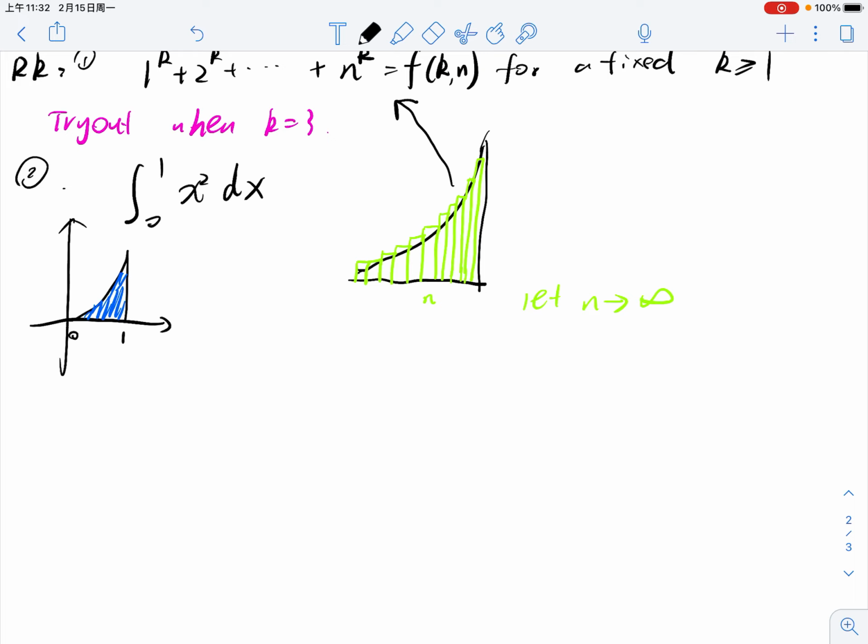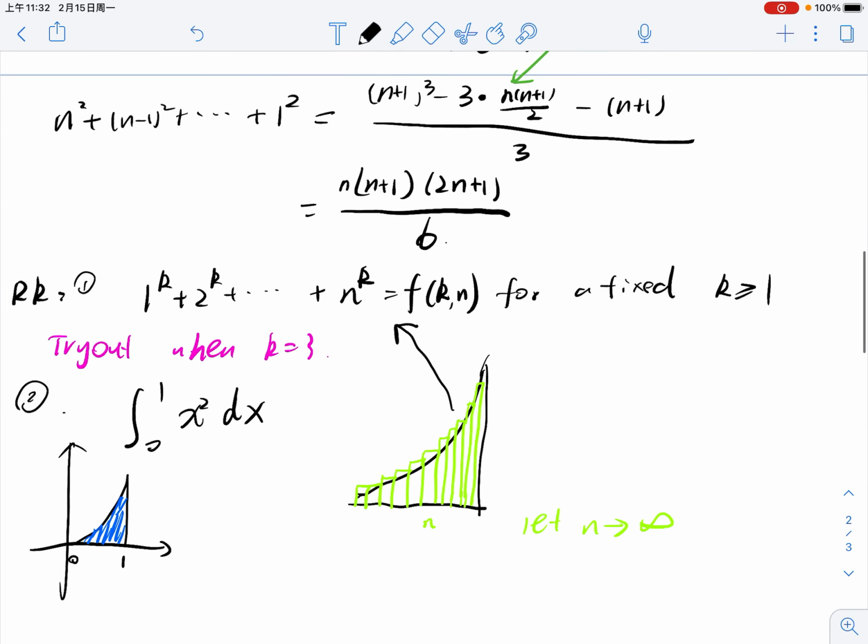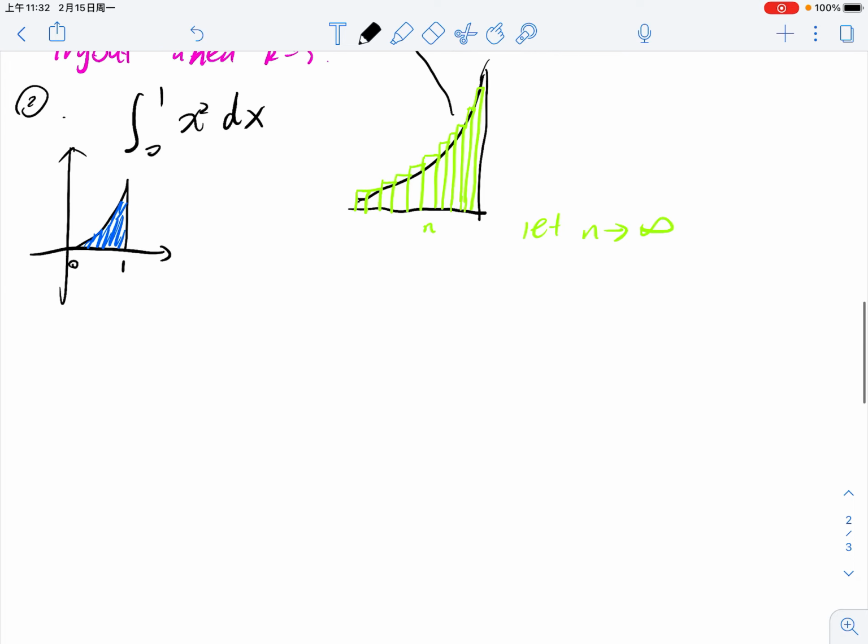Okay, and finally, by the formula here, let's do it once.